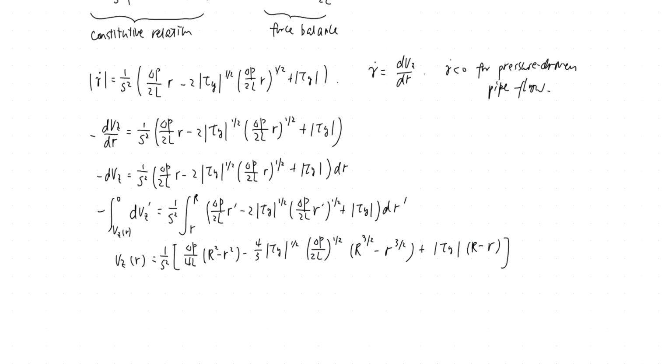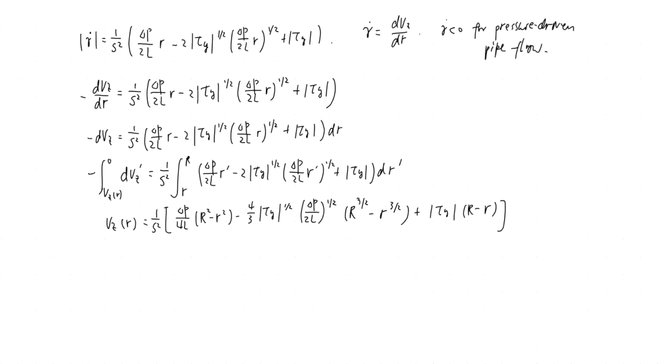Okay, this is all you need to figure out. You can also replace delta P with tau_w if you would like, but you don't have to. The reason sometimes people replace delta P with tau_w, the wall shear stress, is because they can directly compare the magnitude of wall shear stress and the yield stress.